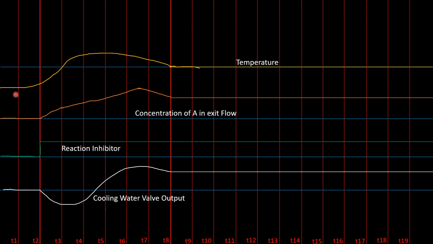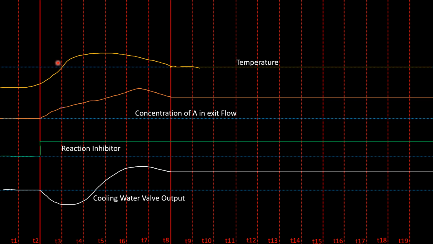So now, just assume that there is a temperature override controller for the reactor. Again, at T2, we have a step increase in reaction inhibitor. This would naturally cause the cooling water valve to start decreasing because the concentration of A increases. However, at T3, we can see that the temperature exceeds its set point.